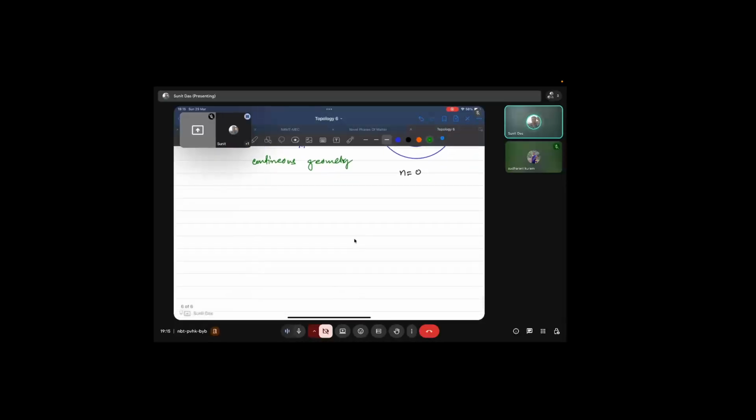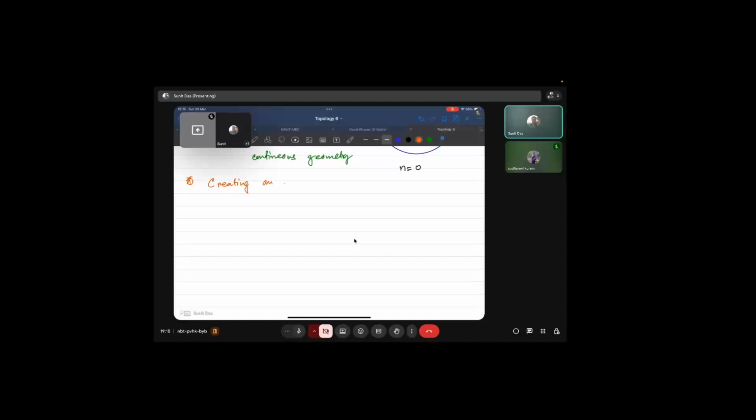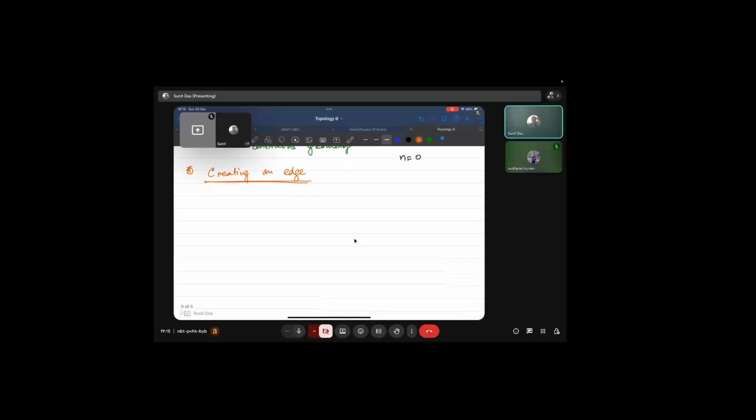Now we want to create a discontinuous geometry, or creating an edge, right? By edge, I mean the physical edge of the sample. So that's what we want to create.